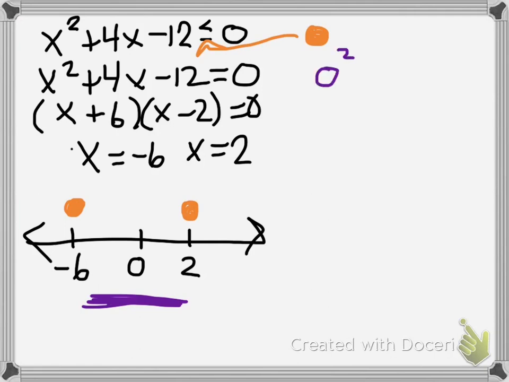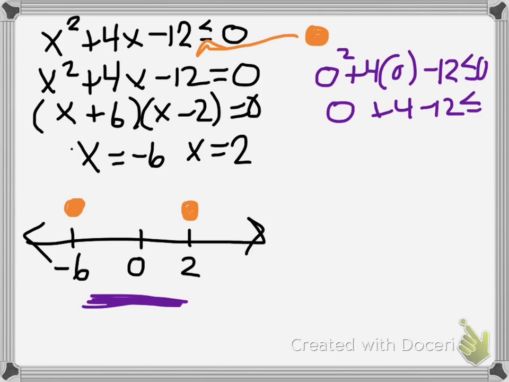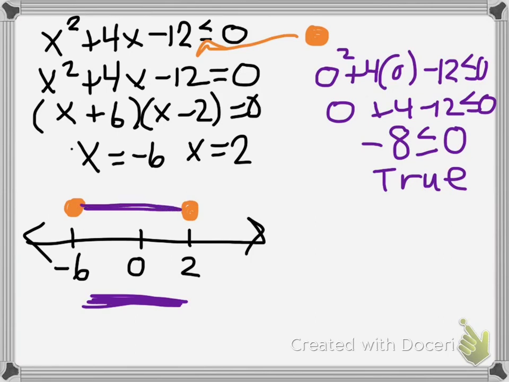So 0 squared plus 4 times 0 minus 12 is less than or equal to 0. Okay, I get 0 plus 0 minus 12. That ends up with -12 is less than or equal to 0. And then you have to ask yourself, is -12 less than or equal to 0? And it is. So that means I do want to shade where 0 is. So I shade in between those.